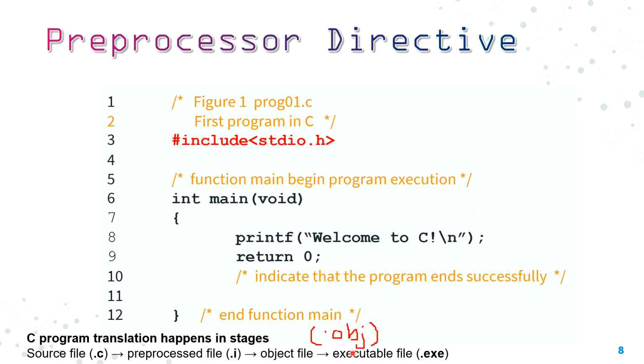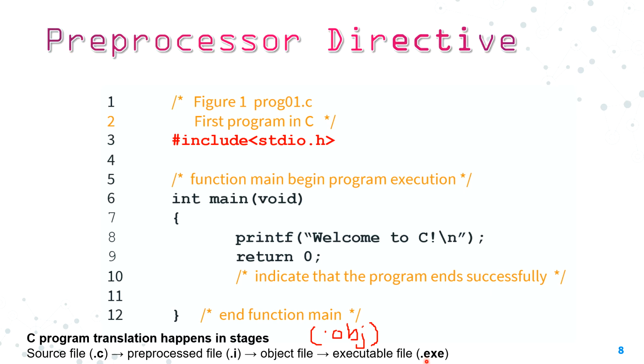And finally, the linker links this object code file to the object code of the library functions to generate the executable file with the format of .exe. Exe stands for execute, right?